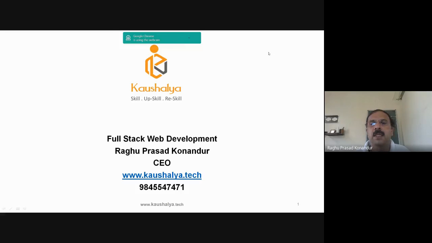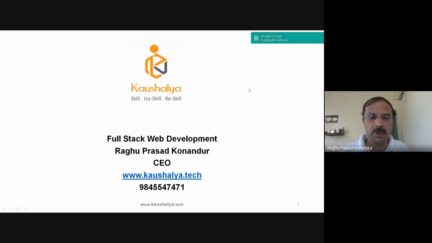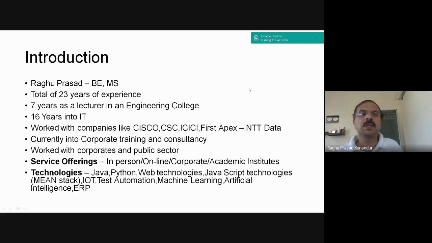So just to give a brief introduction about me, already I gave it for the fifth semester students. I have around 23 to 24 years of experience. I'm also a lecturer in an engineering college for about 7 years, and I've been in IT for the last 16 years. I worked with various companies like Cisco, CSC, and First Apex.